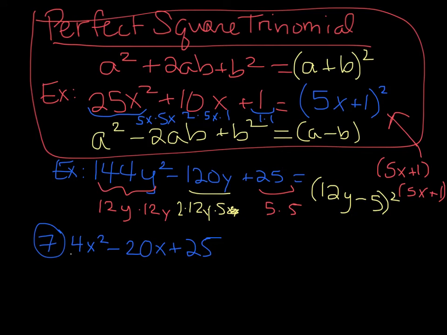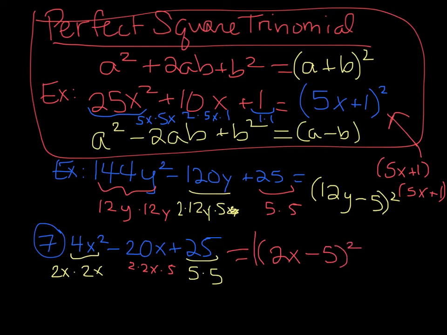You will find that 4x squared is the same thing as 2x times 2x. 25 is the same thing as 5 times 5. If you do 2 times 2x times 5, you will end up getting 20x. So that one works out. Your answer for that one is 2x minus 5, and it's all going to be squared.